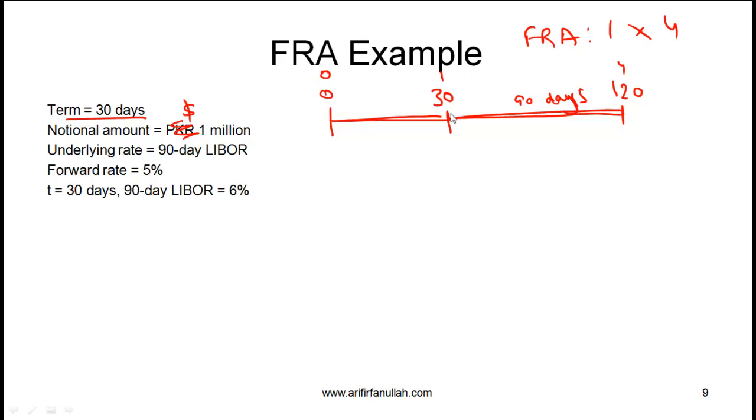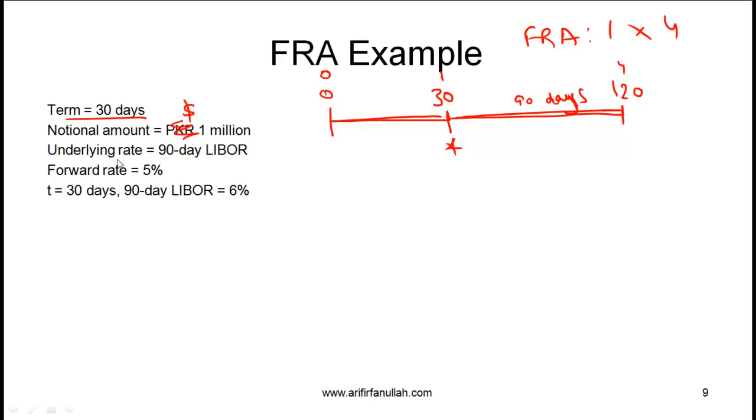Because on this day we know the interest rate, and the way FRAs work is we actually do a cash settlement on this date. So with FRAs, the loan doesn't actually happen. We just figure out who owes whom how much, we make that payment and end the chapter. And that's why the underlying loan is referred to as a hypothetical loan.